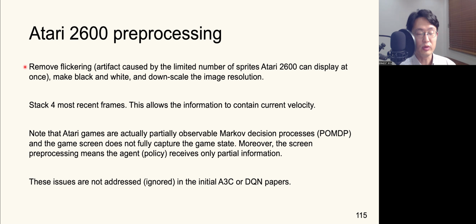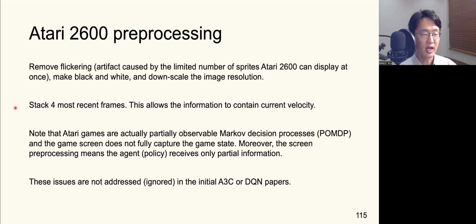But this is removed for the Atari RL agents, for the RL research. The screen is also made black and white. As far as I know, none of the games actually meaningfully utilize the color within their video games. So removing the color channel simplifies the learning process. And also, the image resolution for the classical CRT TV, that full resolution is not necessary. So the image resolution is downscaled for the purposes of these learning agents.